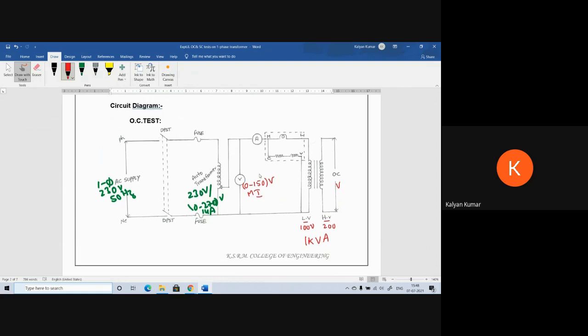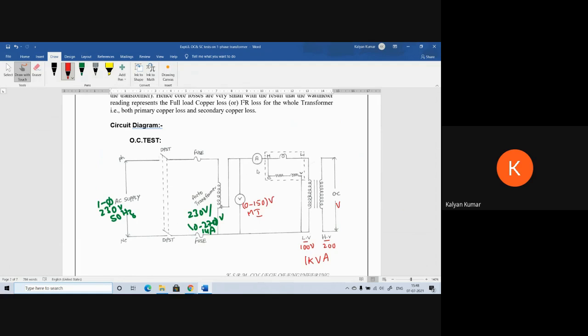Next, coming to the ammeter, here the current is not given in the nameplate details, so we need to find out the current. I equal to S by V, so it is 1000 by 100. So we are going to get 10 amps, but it is the full load current. But the OC test is conducted under no load conditions. The no load current of the transformer is around 5% of the full load current.